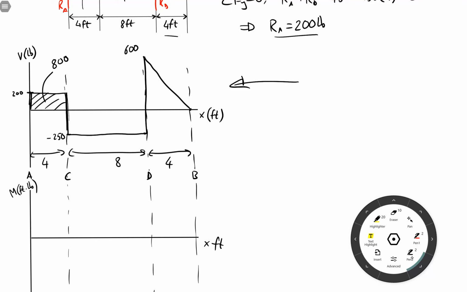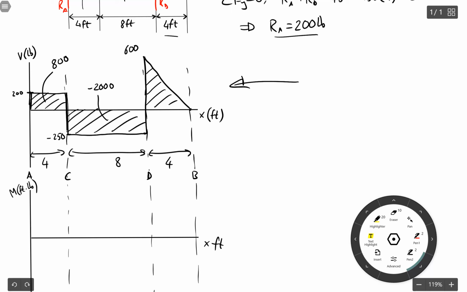This area here, we've got negative 250 times 8, so there we have negative 2000. And then this area is a triangle, so we've got half the base times the height. So that's 2 times 600, so that area is going to be 1200. Now you may notice that these all add to 0, right? 800 plus 1200 is 2000, minus 2000 is 0, which is great. That's exactly what we'd expect.